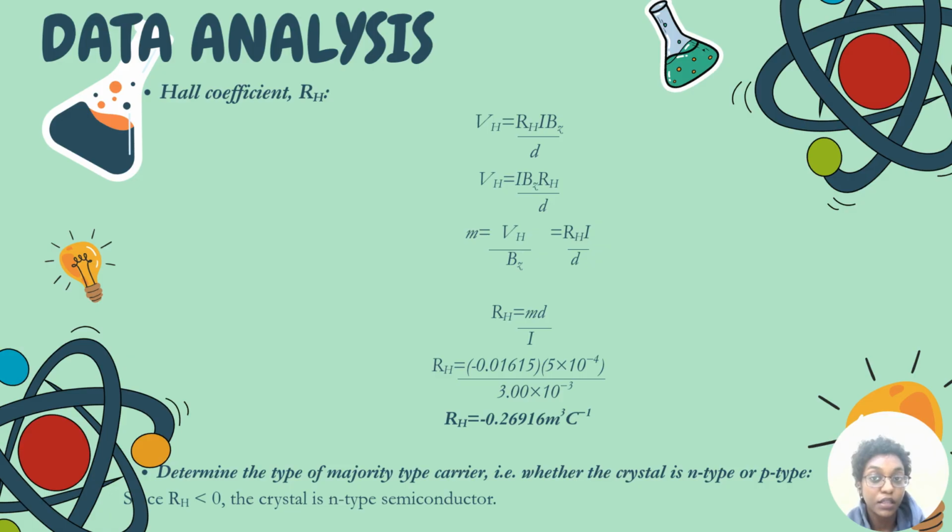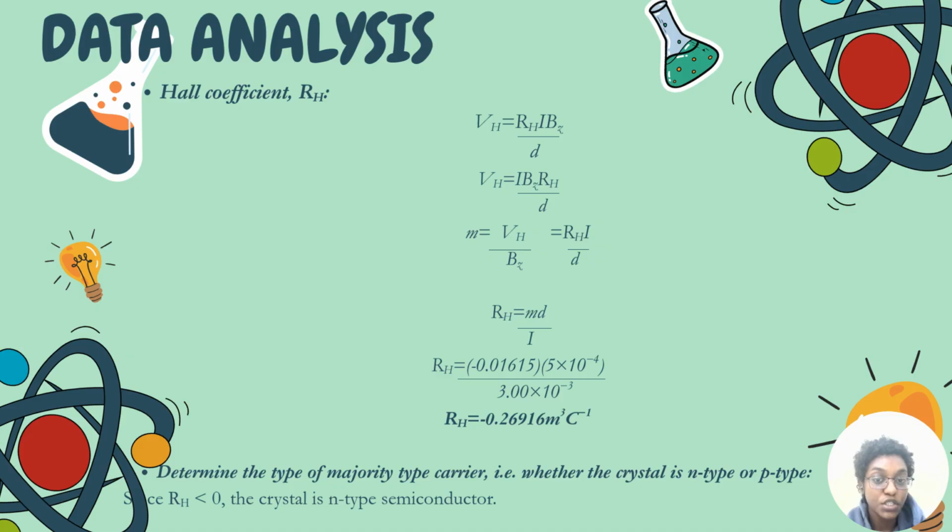Our next task in the analysis was to get the Hall coefficient RH, and we derived the equation first from VH. We said it's equal to RH multiplied by the current multiplied by the magnetic field over d, and then VH equals I multiplied by the magnetic field multiplied by RH over d, and the slope equals VH over the magnetic field, meaning it equals RH multiplied by the current over d.